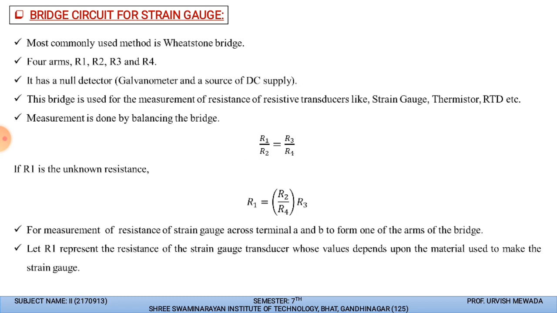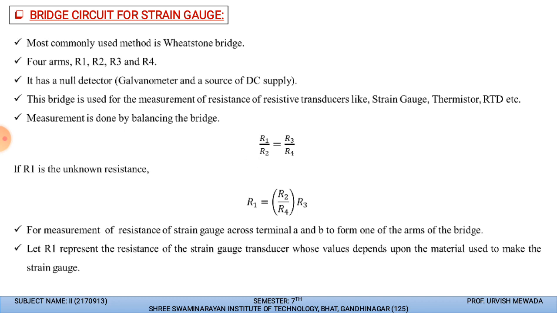That will deflect only when the arms become unbalanced. Unbalancing can be achieved because here we have a variable resistance, say a strain gauge.